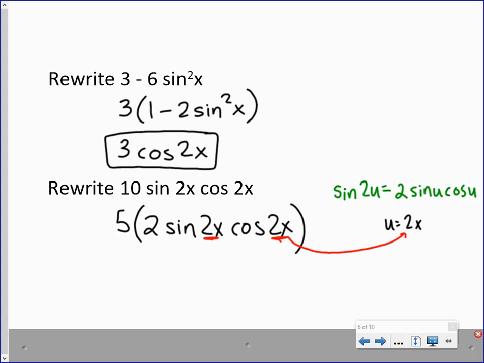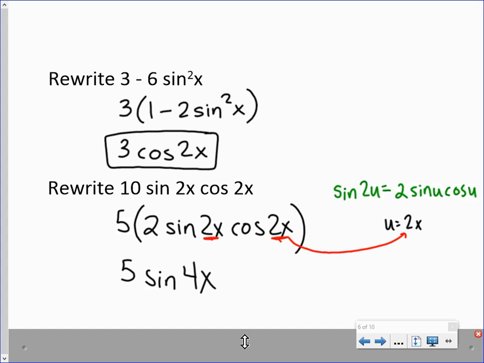So when I go back to simplifying to that first one, it's the sine of 2 times u, then it's the sine of 2 times 2x, which is the sine of 4x. So you'll have 5 times the sine of 4x. Have to be careful on those substitutions. That shows up in calculus. Gotta make sure that you're actually putting in what the u is. It might not always be just x. It might be 2x. So then you put in 2x.